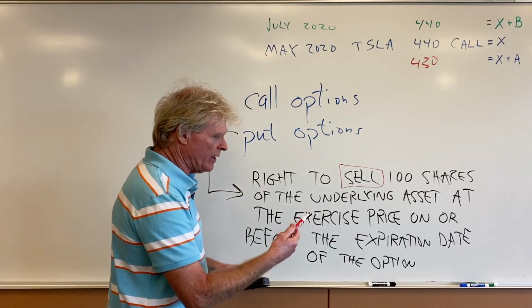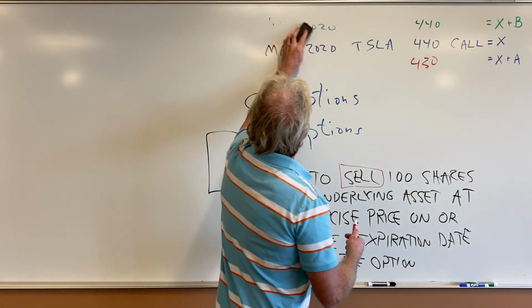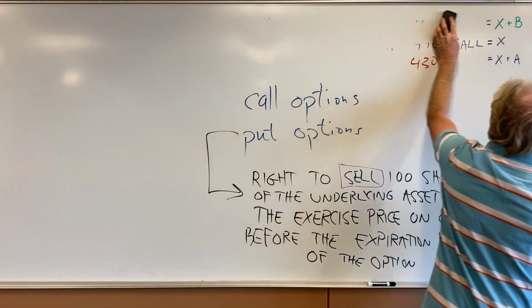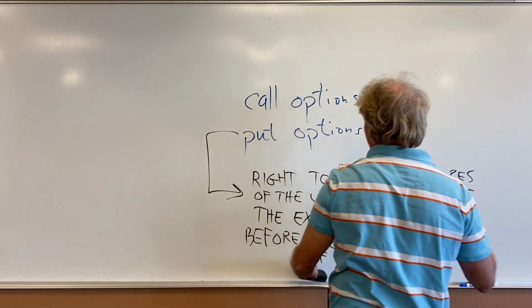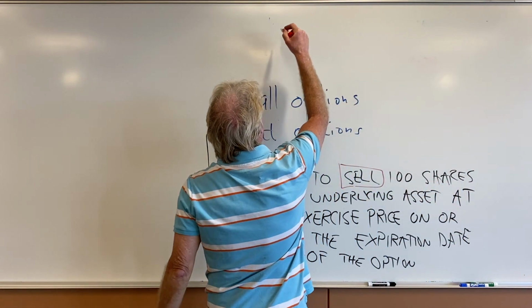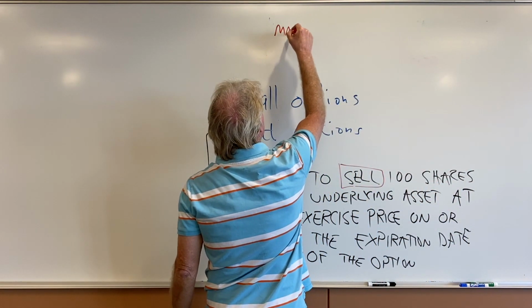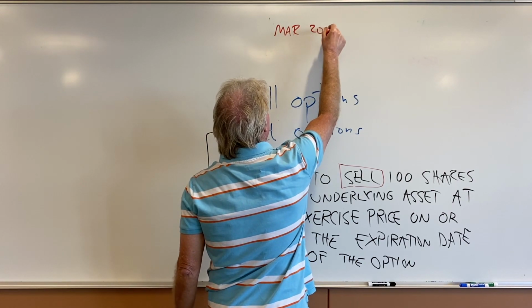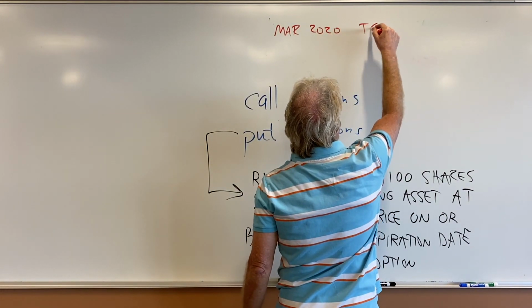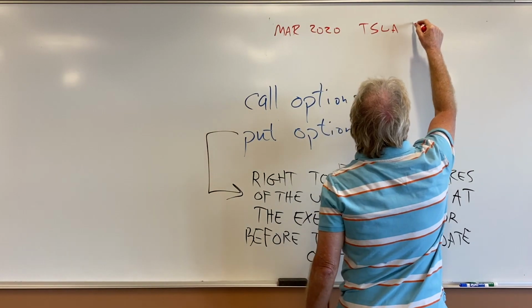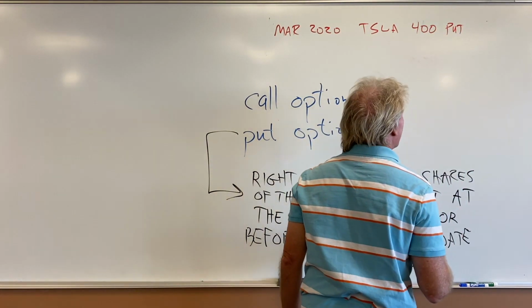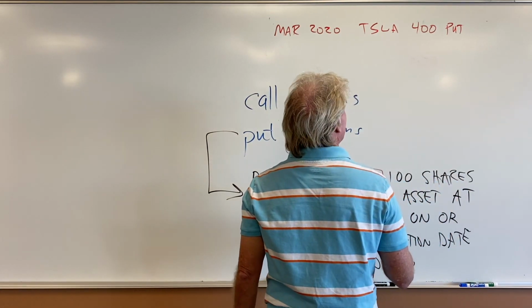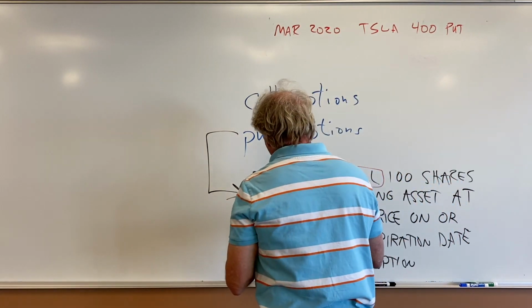Now let's do a similar analysis with put options as we looked at for call options. Let's consider a March 2020 Tesla 400 put, and we'll compare its price.